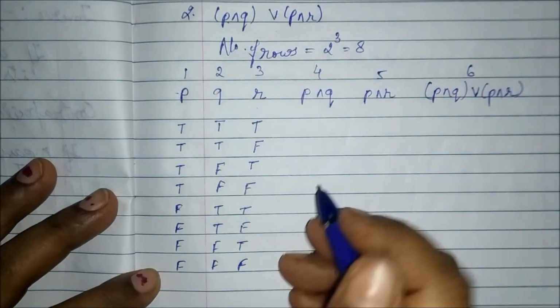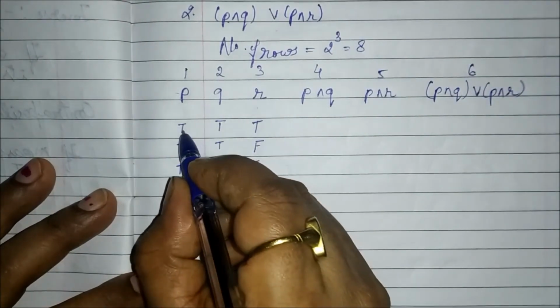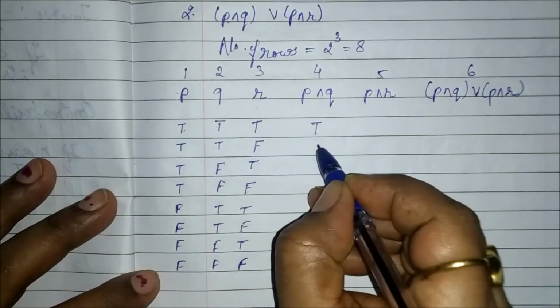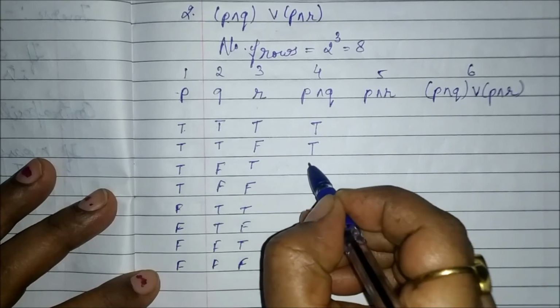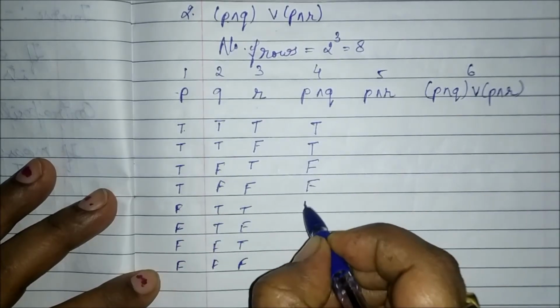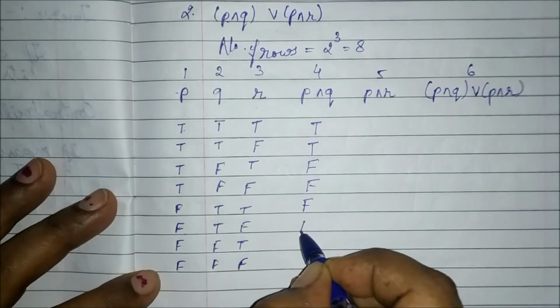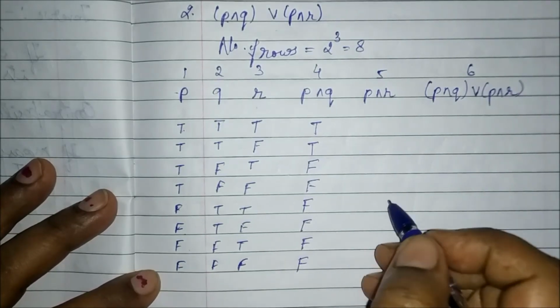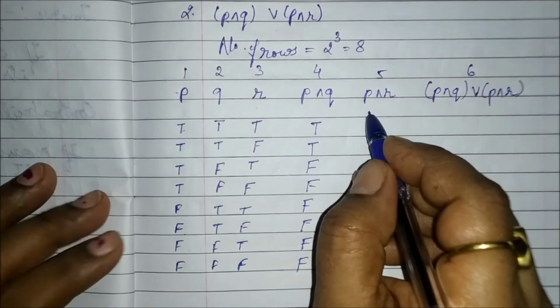So P and Q: T and T is T, this is also T, then false for the remaining rows, true and false, false, false, and the rest are false. Now P and R.